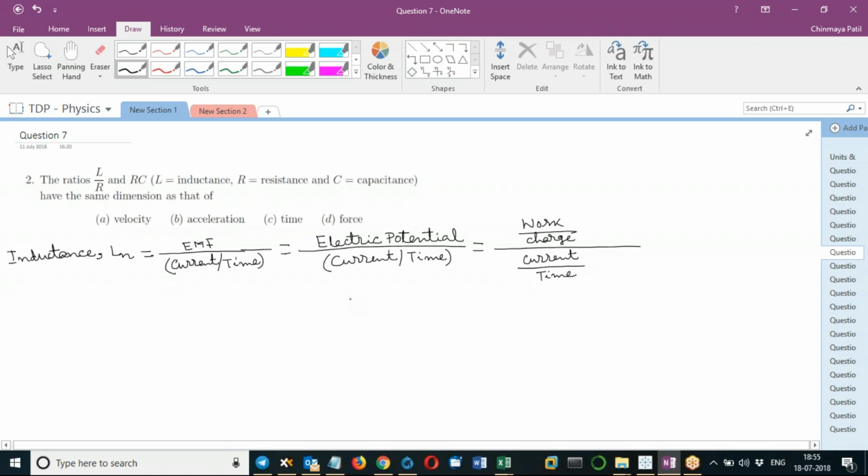Now, if we further look into that, work by charge, we can write this is equal to work divided by charge, and charge is equal to time into current. So this is time into current divided by current by time.